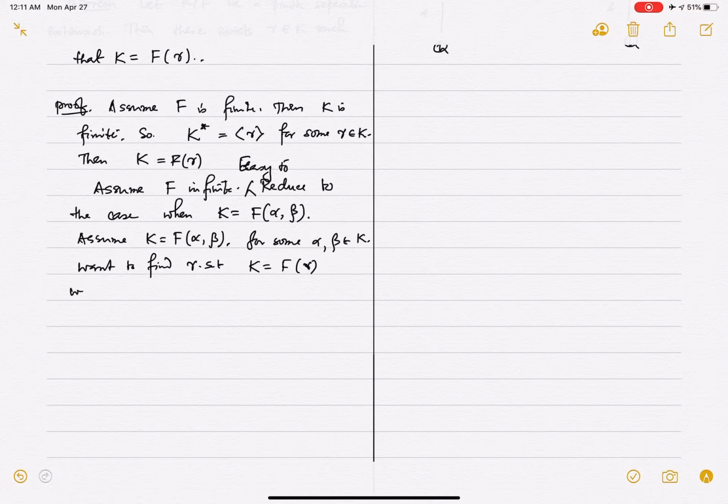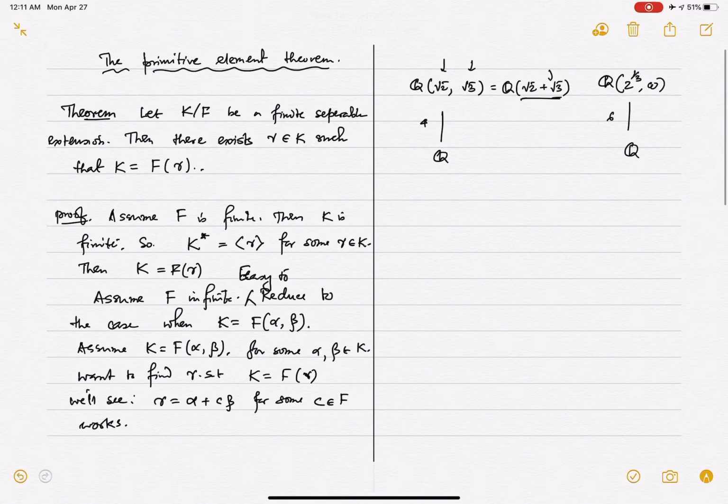We'll see that a gamma equal to alpha plus c beta for some c in F works. So something like this, but there's a constant here.